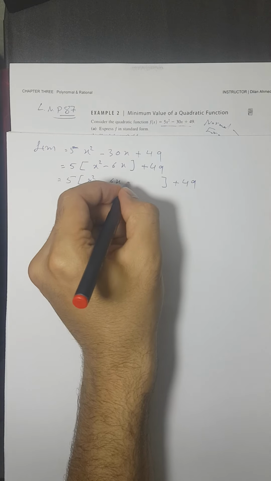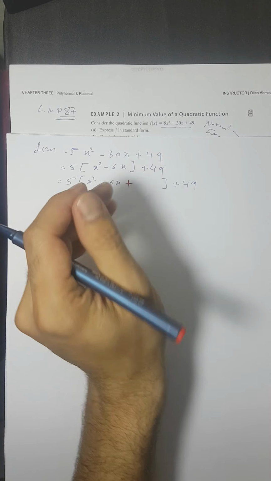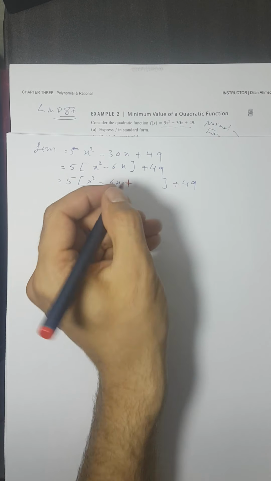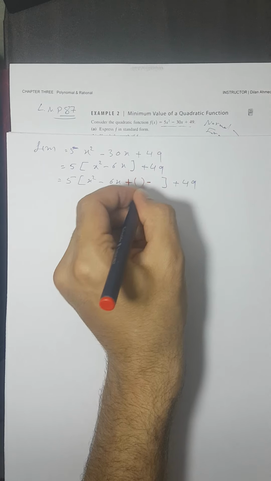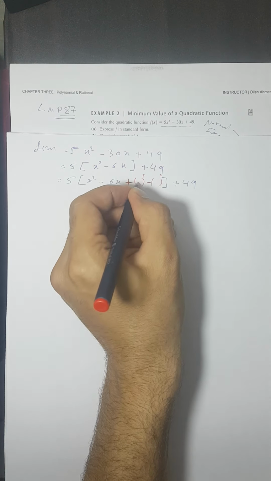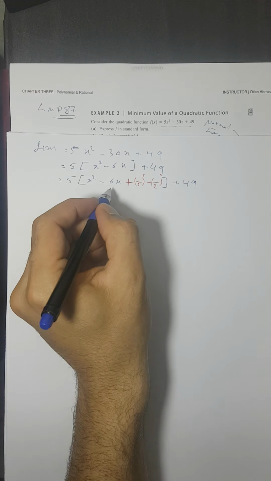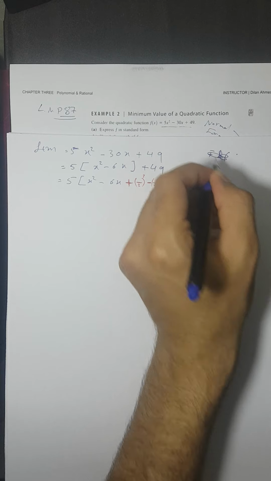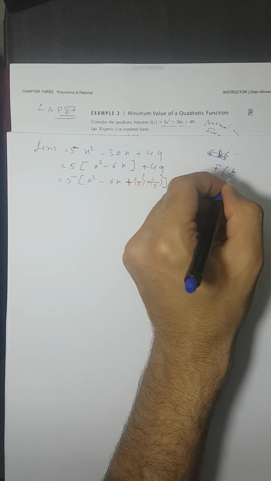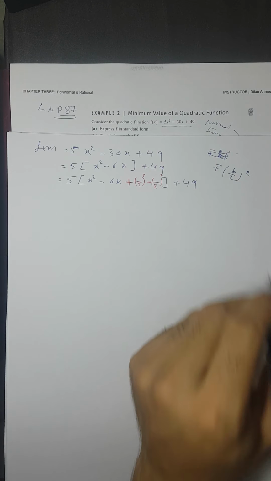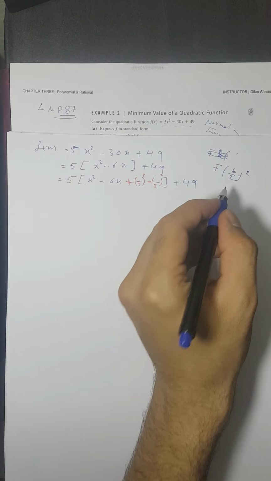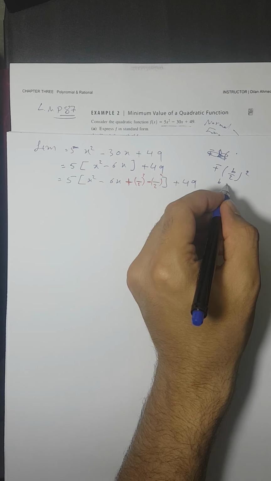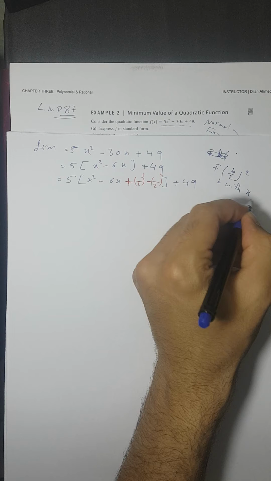Now we will add and subtract something: b over 2, squared. First, do not think of it as negative and positive. Where is b? b is the coefficient of x, just x, not x squared.